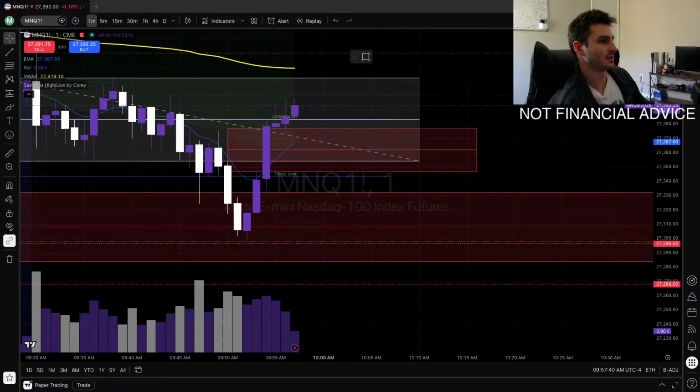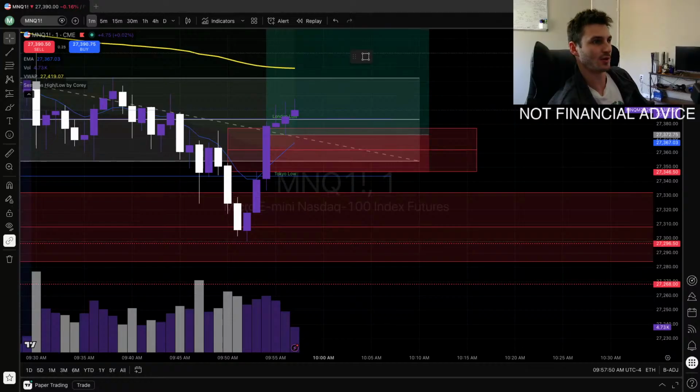Wouldn't mind seeing this get taken out. We play something like that, and we play target to New York session highs, previous New York session highs. Kind of what I'm looking at. We could definitely see some movement there.